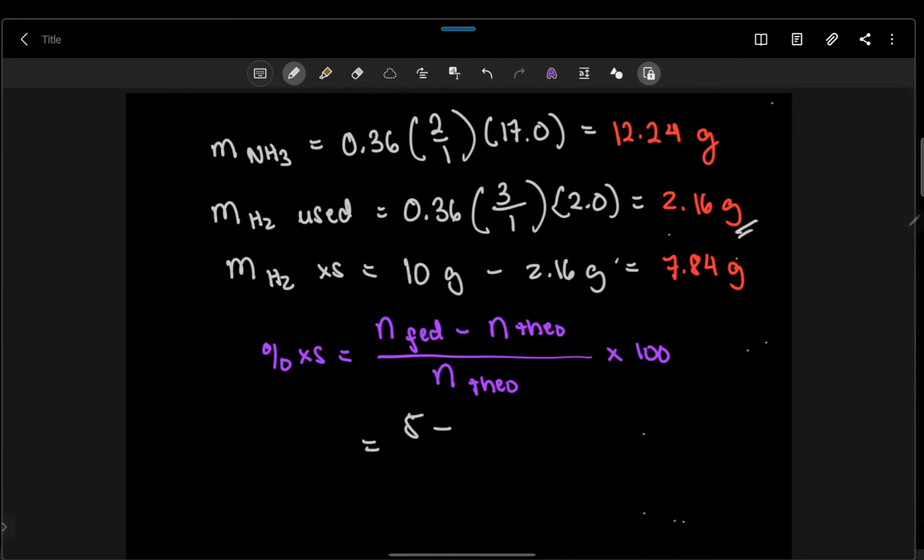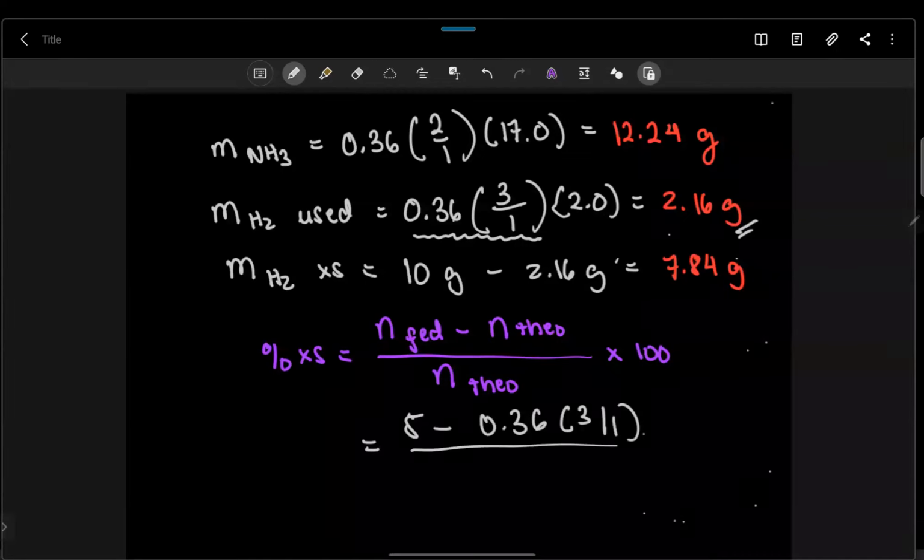Okay? Pero kailangan natin dito is moles eh. So, compute mo na lang pabalik kumbaga, or you can just simply use 0.36 times yung 3:1. Diba? This one. If you stop right here, yan yung moles hydrogen used. Okay, and then divided by, kukopyahin mo lang yan, 0.36 times 3:1.